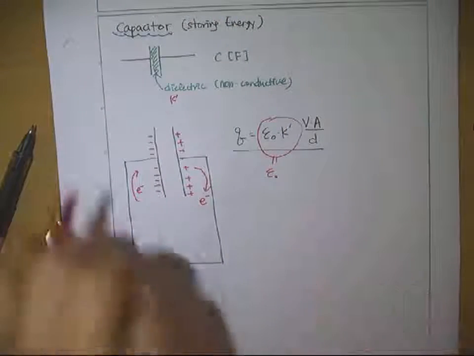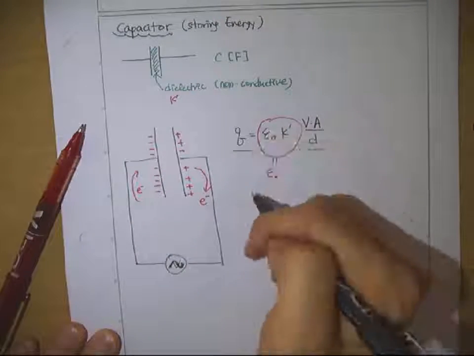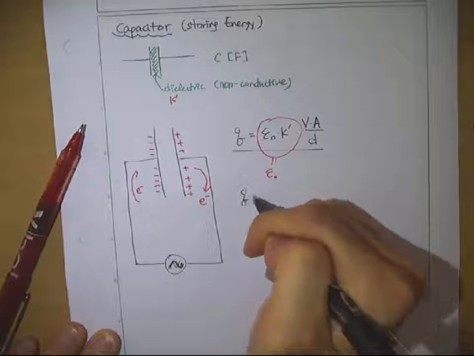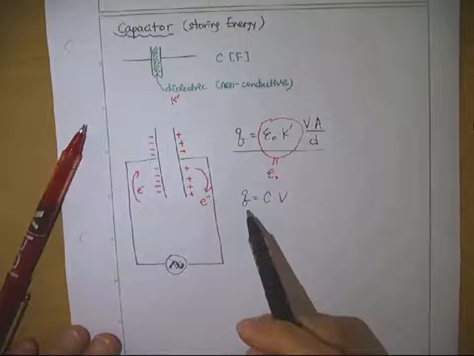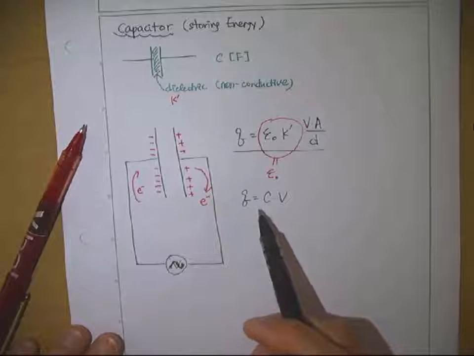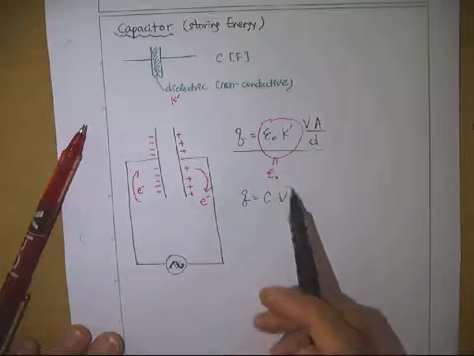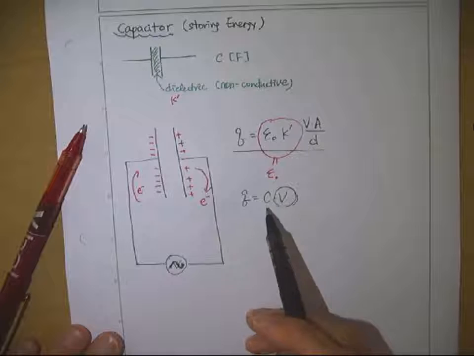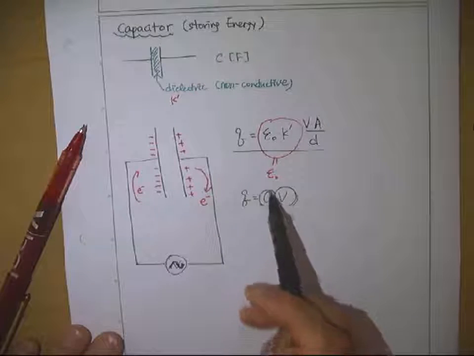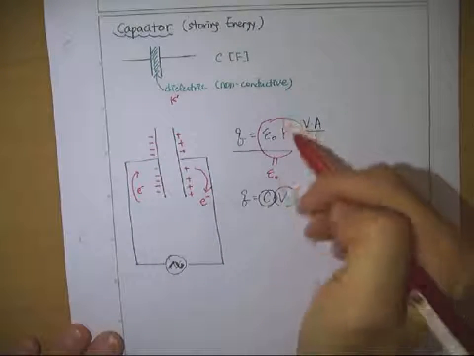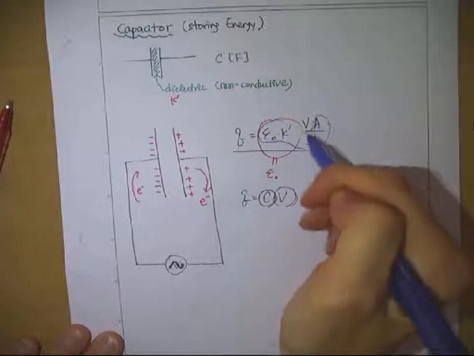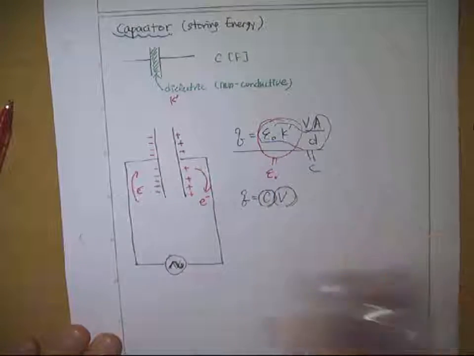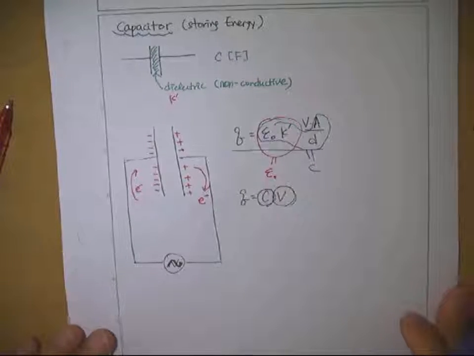Okay? And here the Q is C times V. Generally, the charge it can store is proportional to the applied voltage and also the capacitance. So this part in this equation can be replaced with the capacitance C.